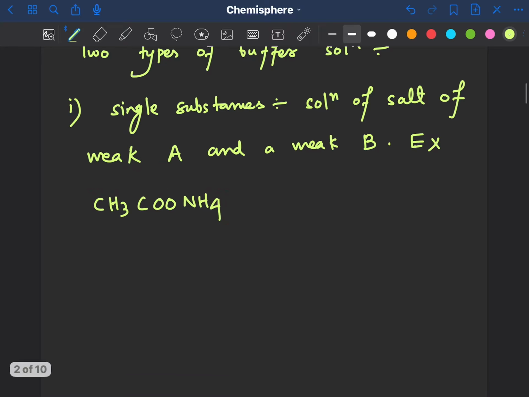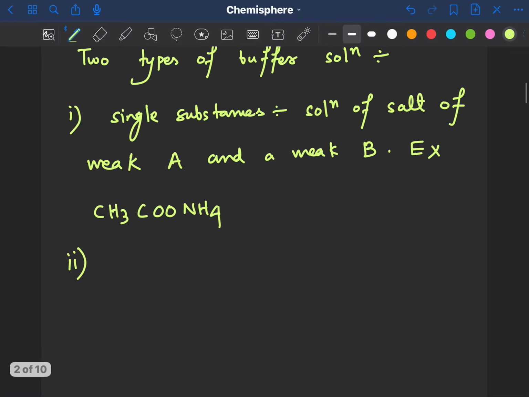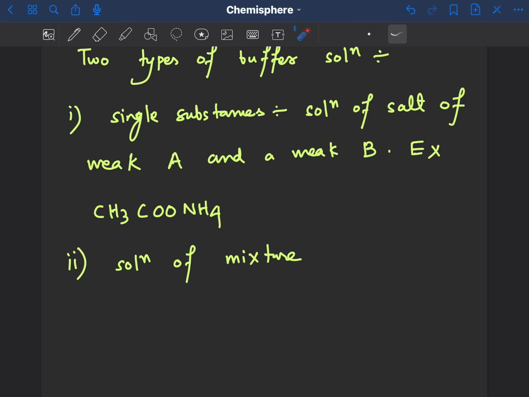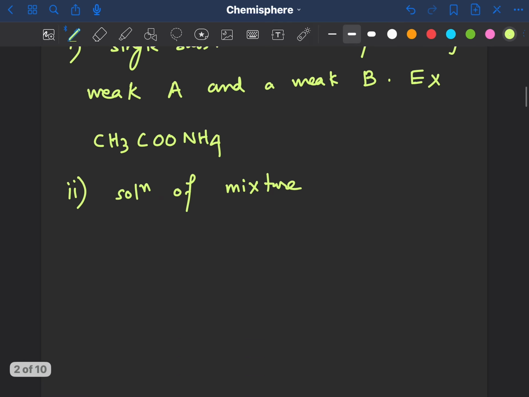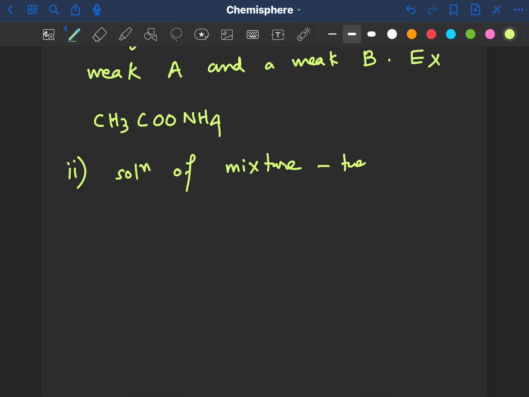The second category is solution of mixtures. The above one is just a single substance, a salt of a weak acid and a weak base. The next one is solution of mixtures, which can be of two types further. The first category under this is an acidic buffer.